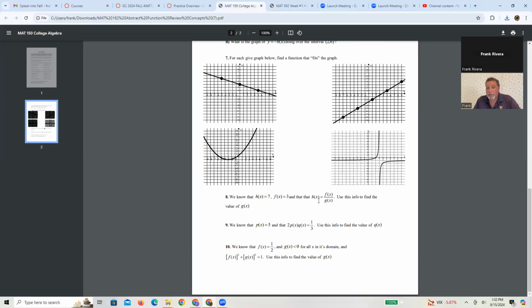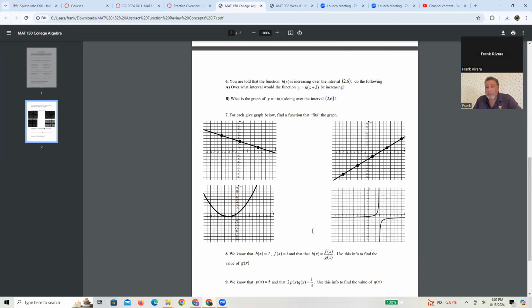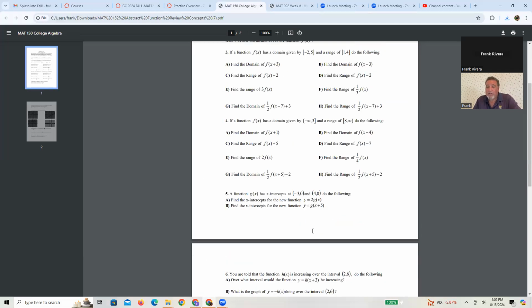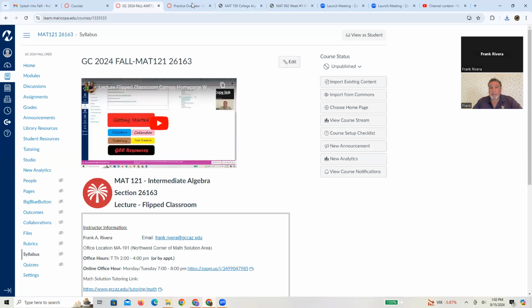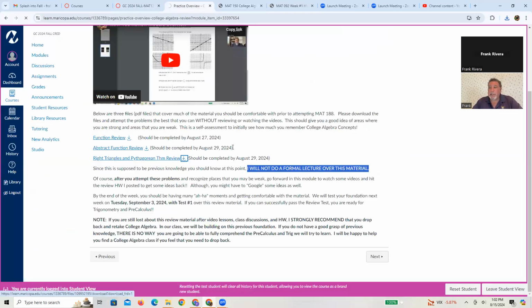In this one, we're just told what f of x is or p of x is, and we really don't know what they're defined to be, but I'm still supposed to answer questions on them. So I call that kind of an abstract function review. So you really have to understand your functions and what's happening transformally. And then last but not least, there's a review on right triangles and the Pythagorean identity.